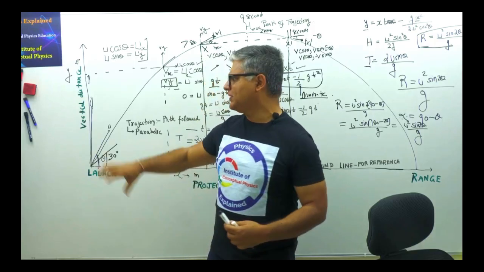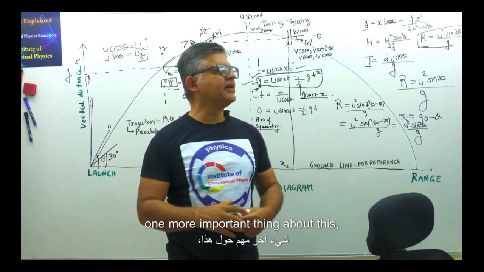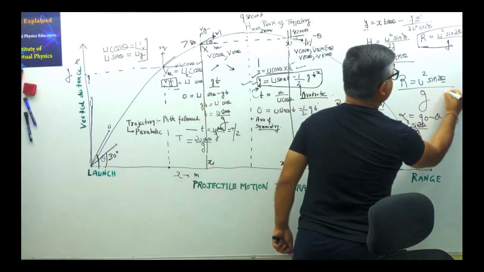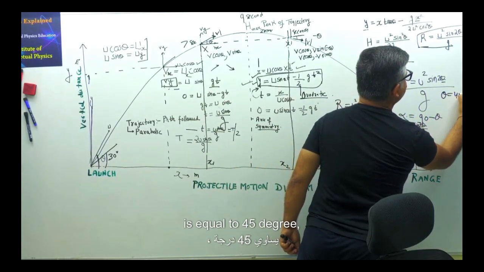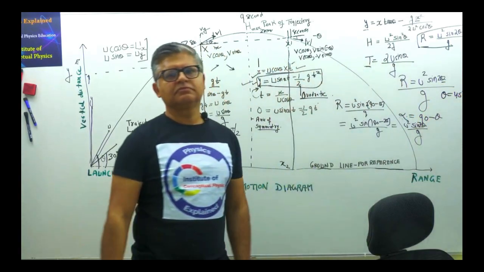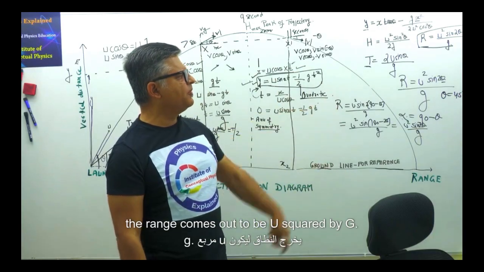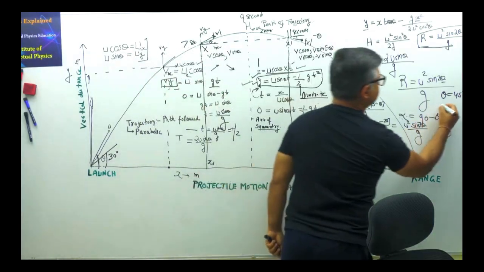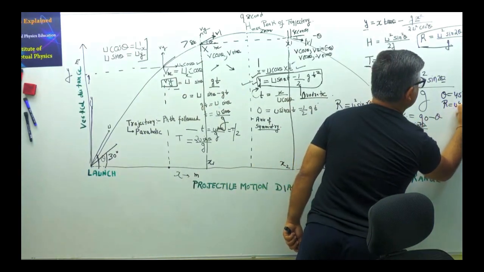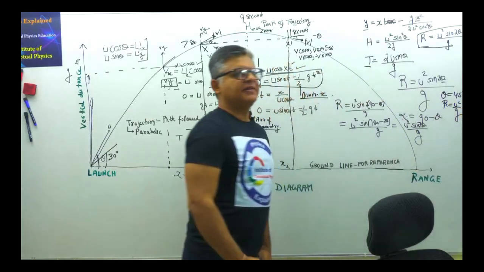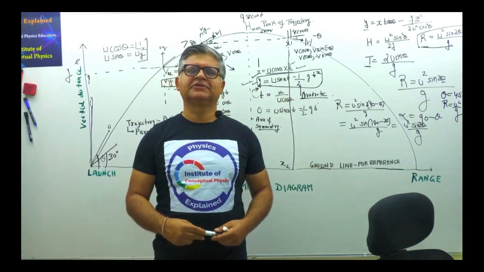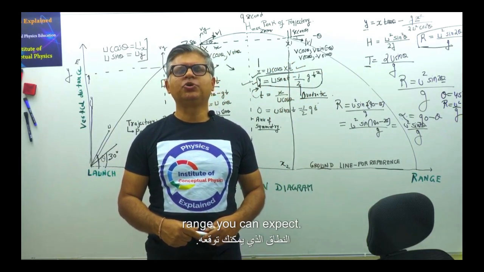So we're talking about angle. One more important thing about this, if theta is equal to 45 degree, the range comes out to be u squared by g. This is the highest range you can expect.